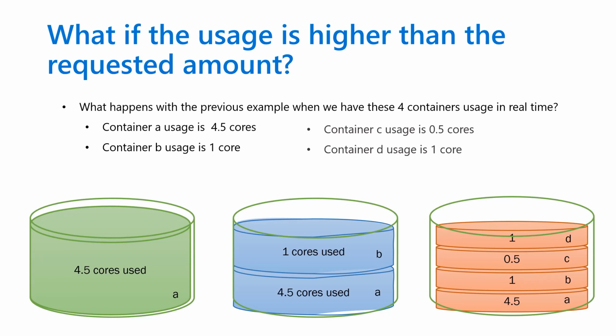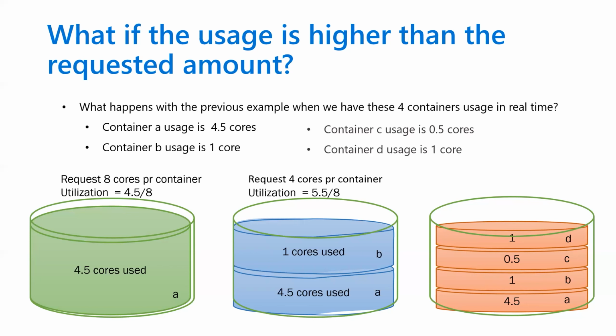The first recommender system allowed scheduling only a single container, so our utilization would be 4.5 out of 8. And I'm reminding you that this is a lucky draw, because if the first container that tried to be scheduled was one of the 1-core containers, the utilization would have been much lower. The second model utilization is 5.5, and the third model utilization is 7 out of 8.